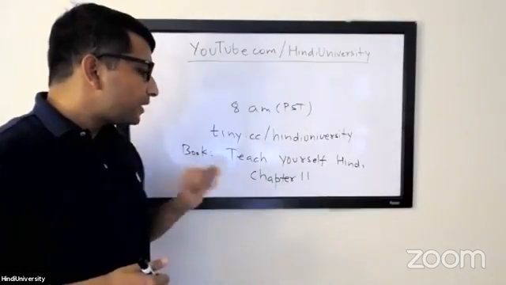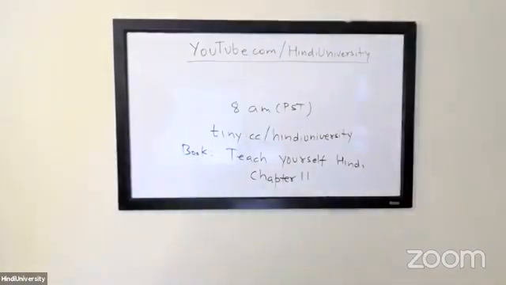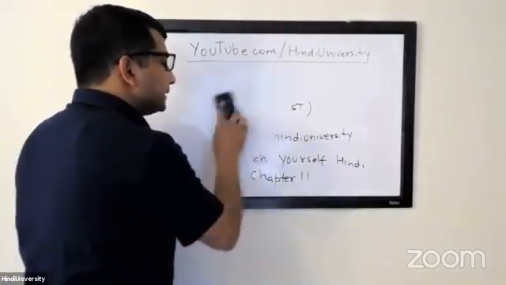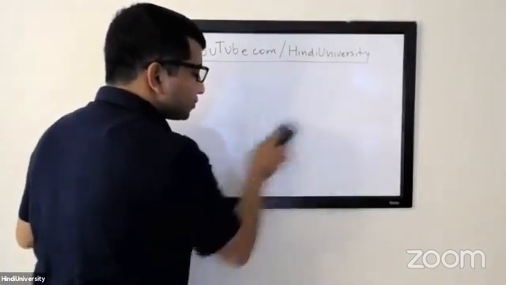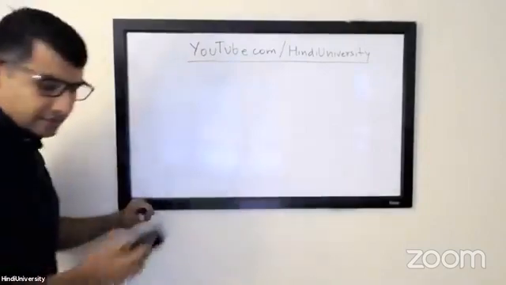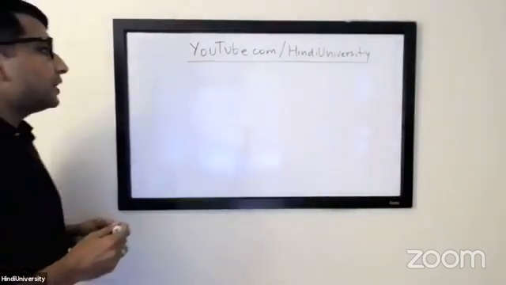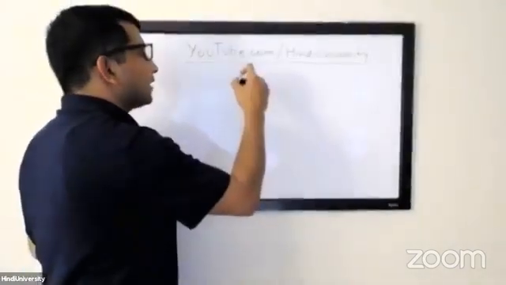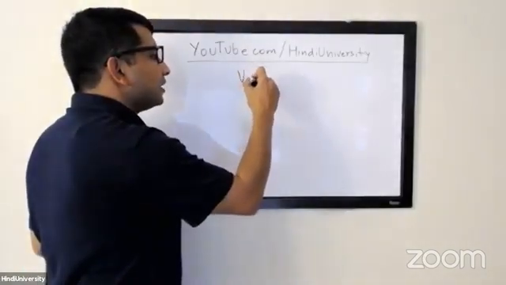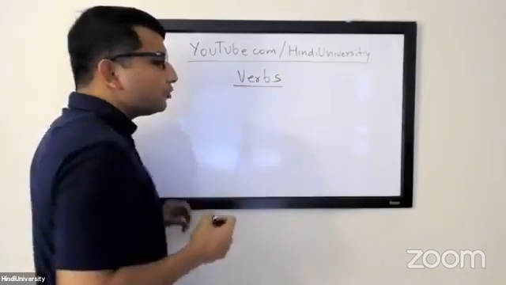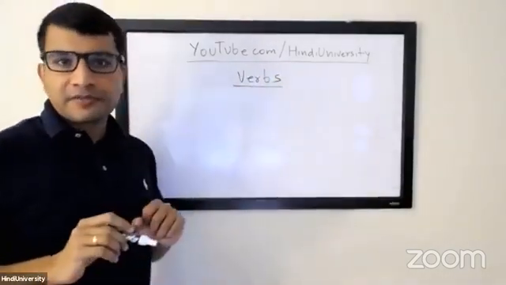In this chapter, this is one of the hardest topics in Hindi, right? Using the tenses in the past, when you're making a sentence in the past tense. Typically, when you're learning about present tense or past tense in Hindi, you don't need to go into specifics of the verb.